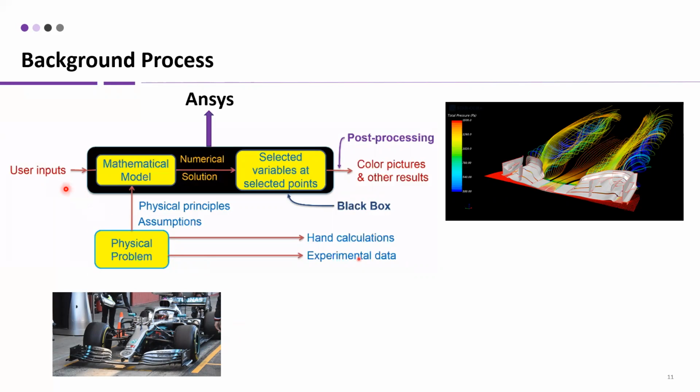So our end, the user inputs, are limited to these. And once that is done, the ANSYS solver assigns a suitable mathematical model and then solves it using a numerical method. And what it does is it finds the values.